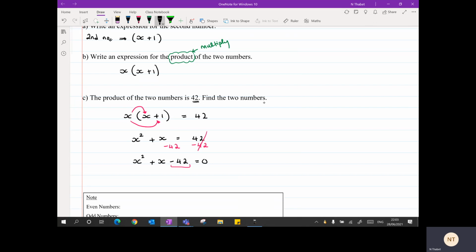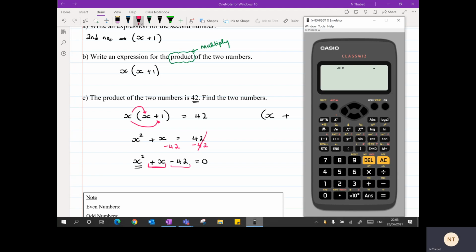So one of them is going to be a positive, one of them is going to be a negative, and this is an x squared with a coefficient of 1. So again, easy, x times x. One of them is positive, one of them is negative, and I want it to give me a positive 1. Factors of 42, sorry, not 62, 42 with a difference of 1.